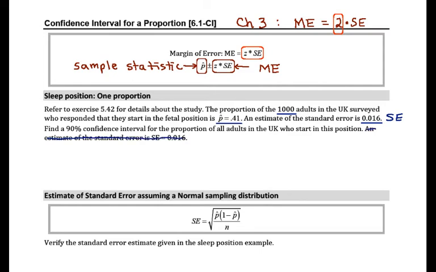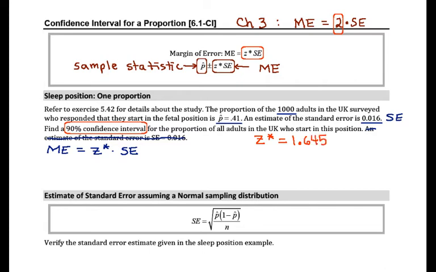All right, so what we want to do is first find the margin of error. The margin of error is z-star times the standard error, and z-star only depends on the confidence level. We want a 90% confidence interval, and we just established that z-star for a 90% confidence interval is 1.645.